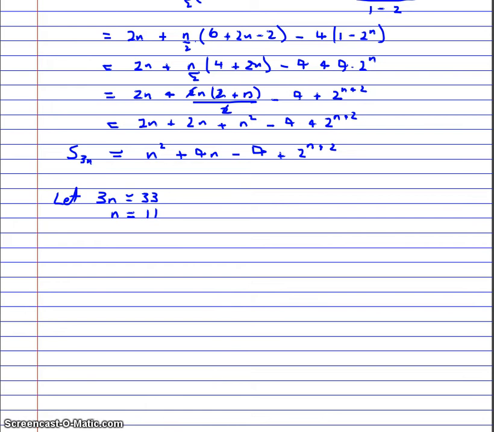So then the sum to 33 terms equals 11 squared plus 4 times 11 minus 4 plus 2 to the power of 11 plus 2, and we can put that all in our calculator, and our answer is 8,353.